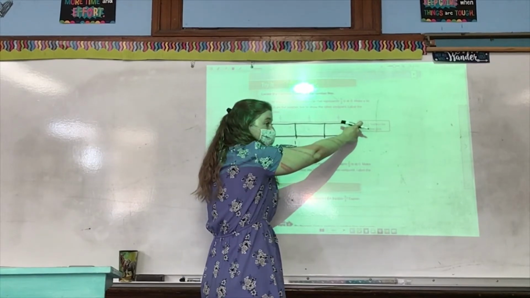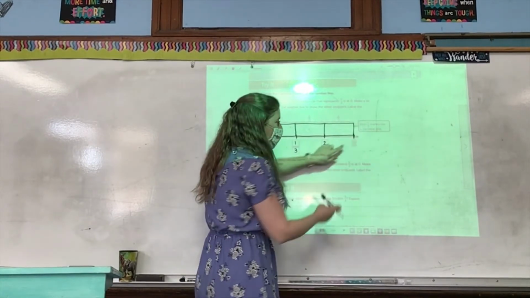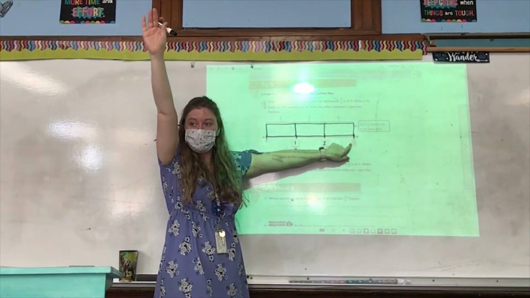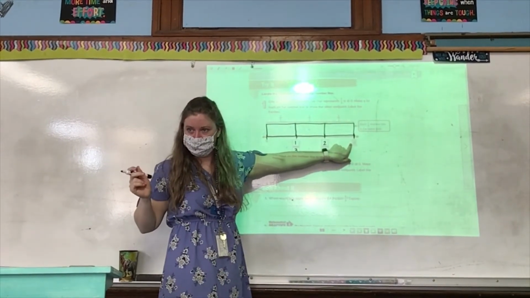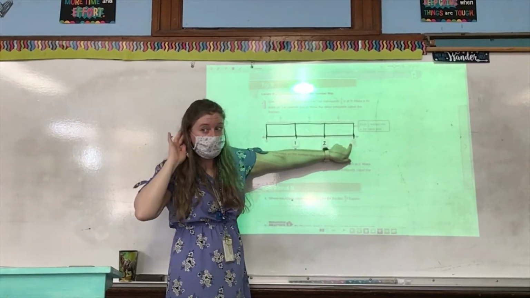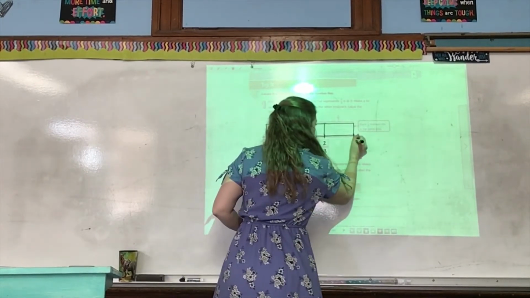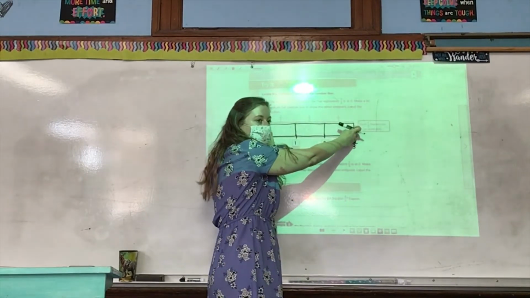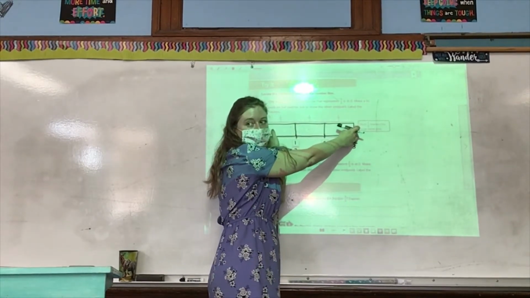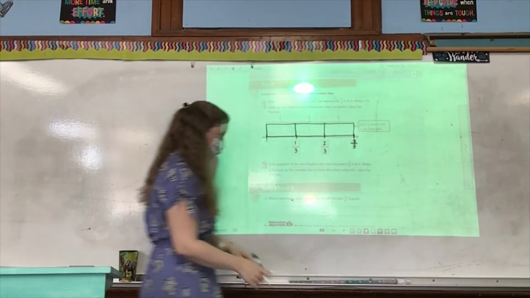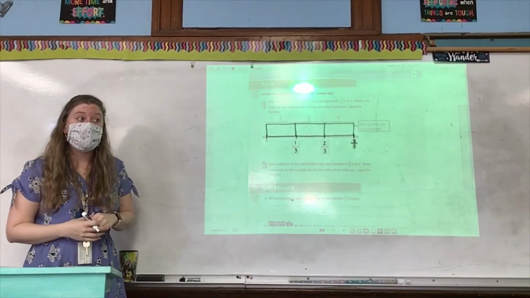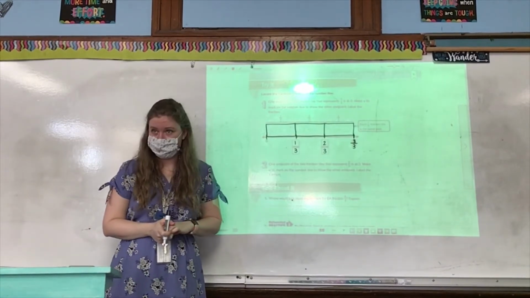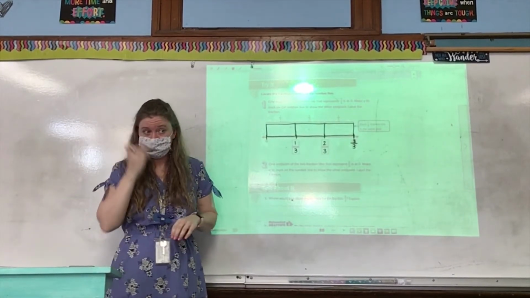Now, when I add a third fraction tile, I end at, Cullen, what fraction do I end at? 3/3, because I have how many out of the 3 whole fraction tiles, Cullen? 3. Good.